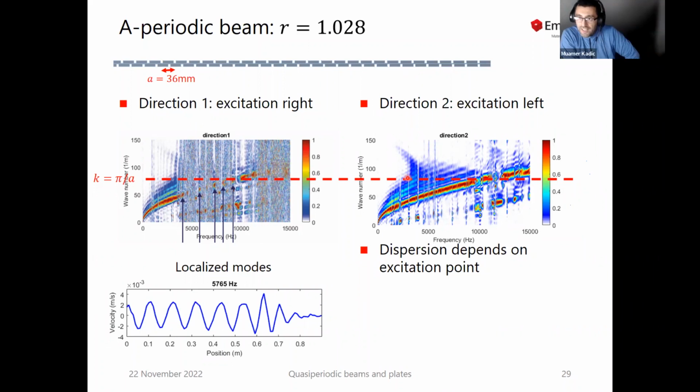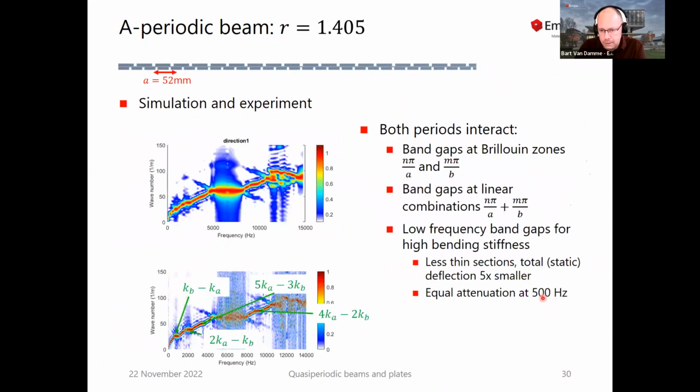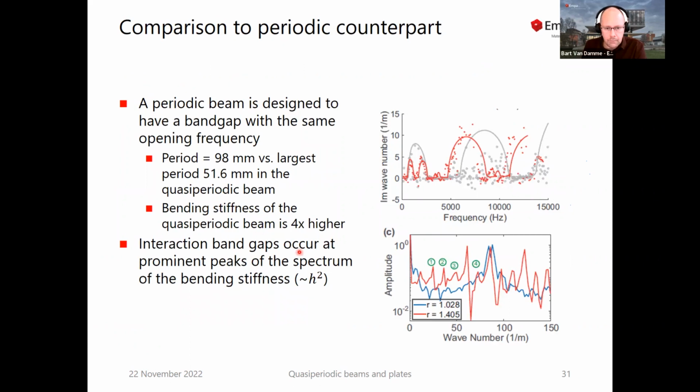Can I ask one more question? Yeah, go ahead. How do we bring these systems to real applications? Especially since you are working in this institute and interacting with so many people, do you see some unique applications for the systems? What I hope from the one-dimensional case is this remark that I put here, that we can get low frequency band gaps with a much higher static stiffness.